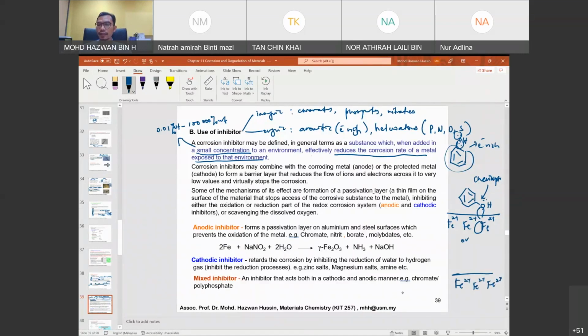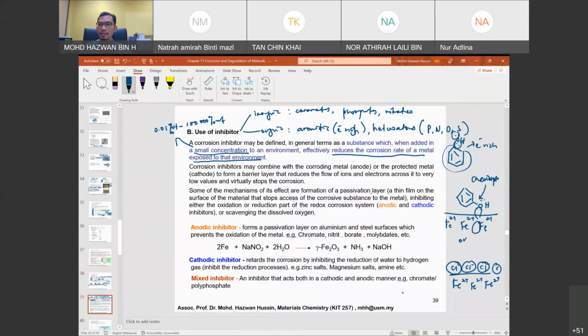It tends to attract, I think, different types of species, Cl minus for example, because you have an opposite charge. And at the same time, your inhibitor can be protonated in the presence of acid.